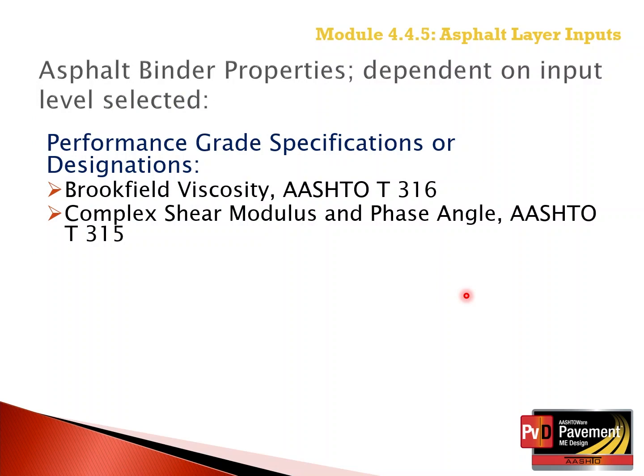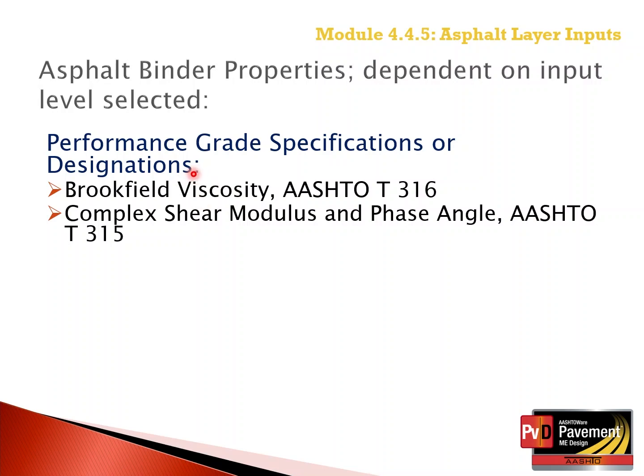The asphalt binder is characterized by three different types of binder designation, as we noted when we illustrated the software. The first is the performance grade or PG designation, which is now the common one used.